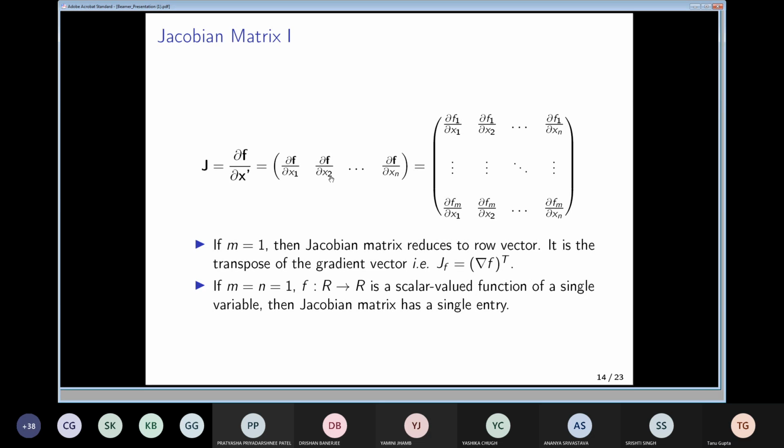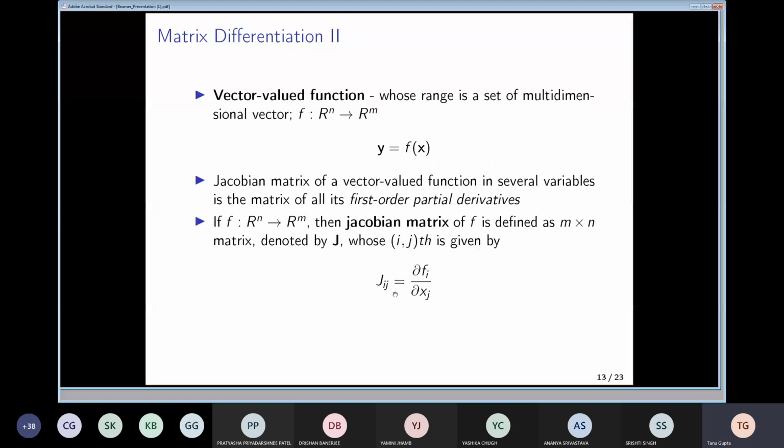So this is what is meant by X prime, and since F in itself is a vector, this is going to expand like this, that we are differentiating vector F with respect to each element of x. So the first entry is nothing but the partial derivative of each element of F with respect to x1 itself. So its ijth entry is nothing but del fi by del xj.